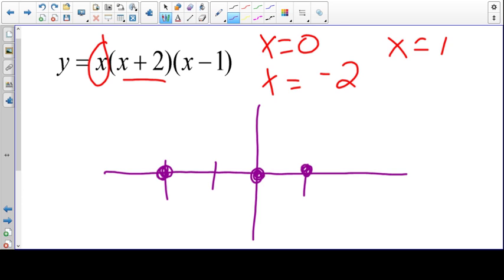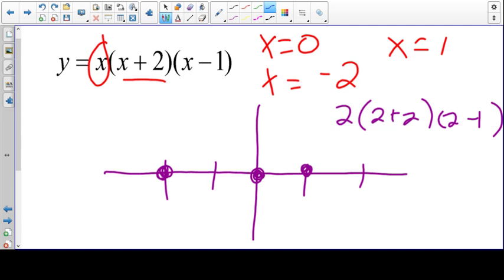This time I'm going to pick 2 to plug in, so I'm going to look to the right side. So I'm going to have 2 times 2 plus 2 times 2 minus 1. That should give you 8.